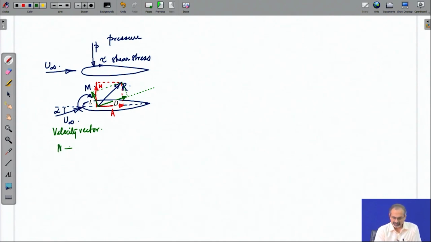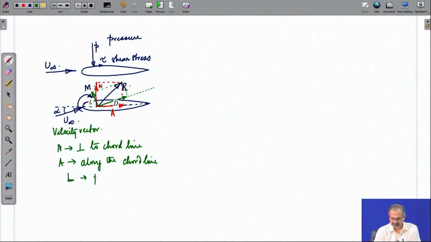So, N is perpendicular to the chord line, A is along the chord line, L is perpendicular to u infinity and D is along u infinity.